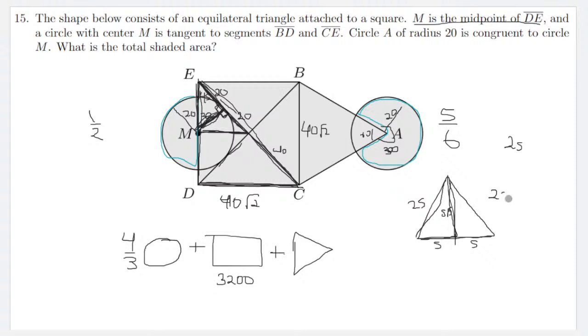So 2s times s root 3, and we have to divide by 2 because it's a triangle, to get s squared root 3. In this case, 2s is 40 root 2, so s is 20 root 2. So if s is 20 root 2, then the area of our triangle is s squared root 3, which is 800 root 3.